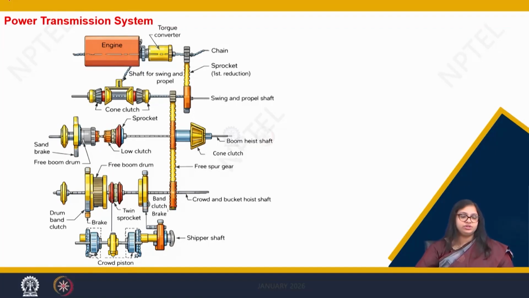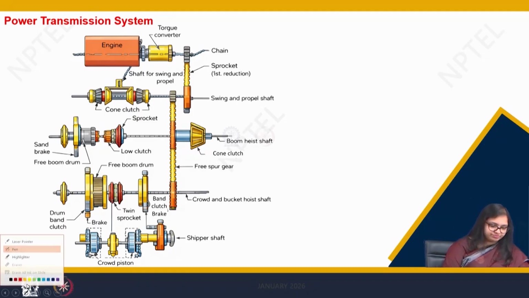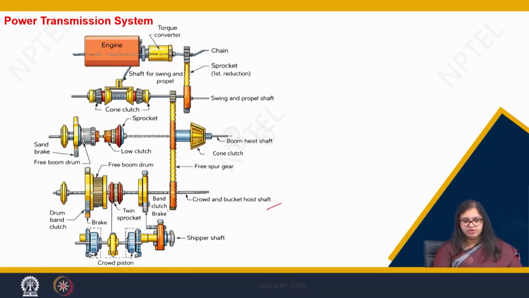Now, coming to the power transmission systems that we discussed in last class, we have covered the crowd and bucket hoist shaft, and the boom hoist shaft also we have already covered. This is pinion. So, today we will be going to the swing and propel shaft.